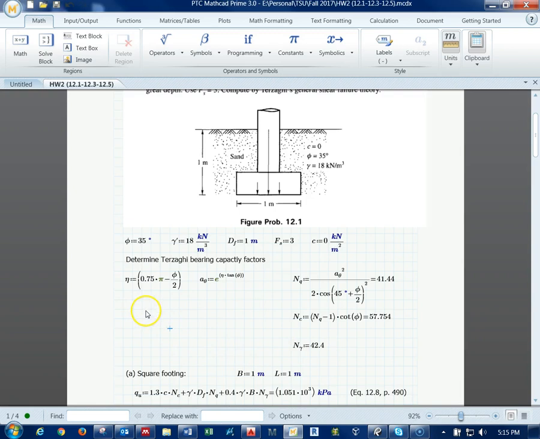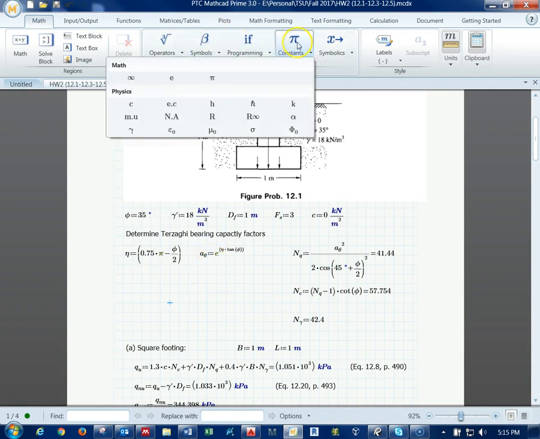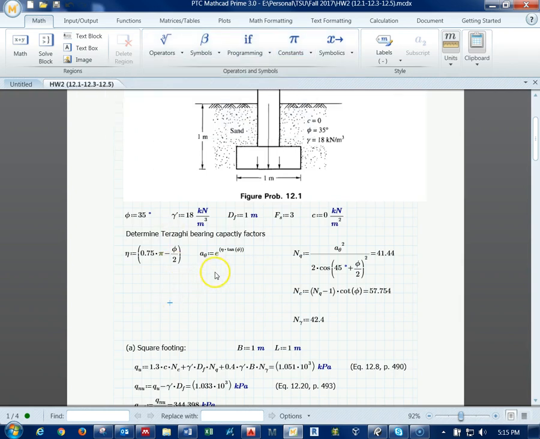So I programmed this in MathCAD. Here's the eta value, here's the alpha sub theta. E is found by going to constants and typing in the E value, which is the base of the natural logarithm. So NQ is A theta squared, 2 cosine of 45 plus phi over 2.